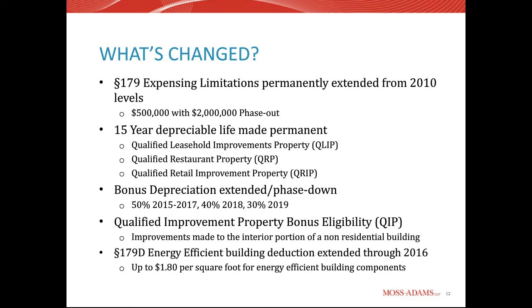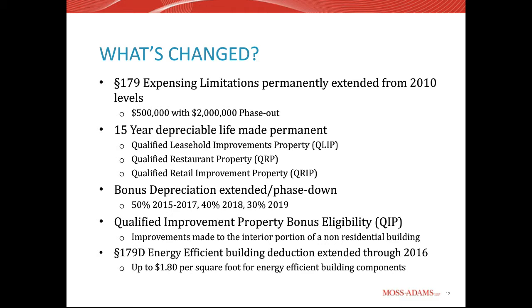So it could be a brand new building or a building that's less than 3 years old, and it can be between related parties. The life isn't 15 years, such as a qualified leasehold improvement. It still stays as a 39-year asset, but you're eligible to claim bonus depreciation on all those improvements. So it's a pretty good benefit.